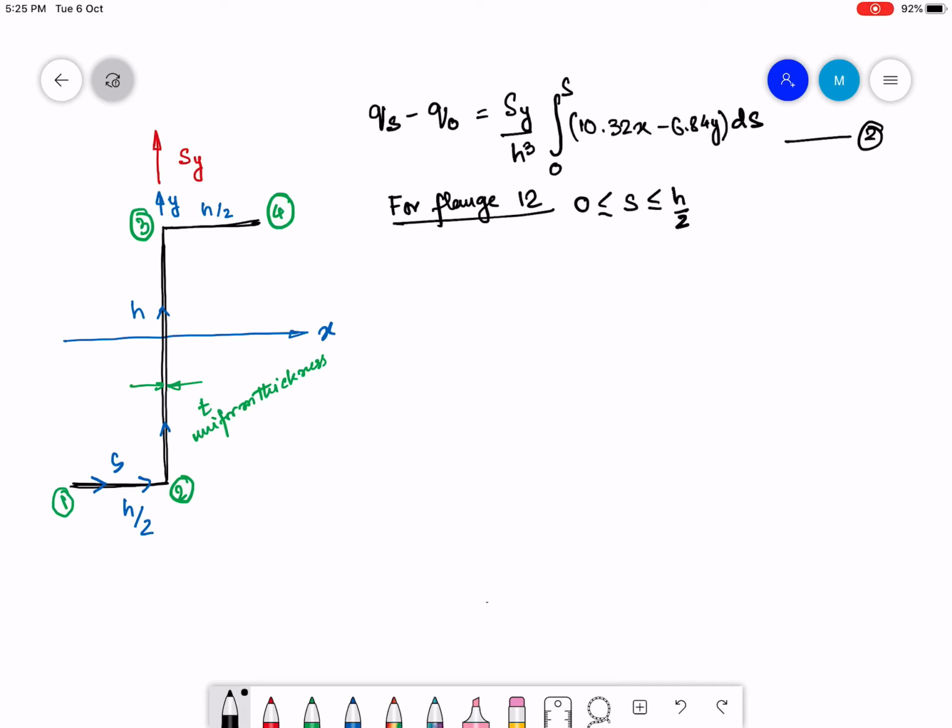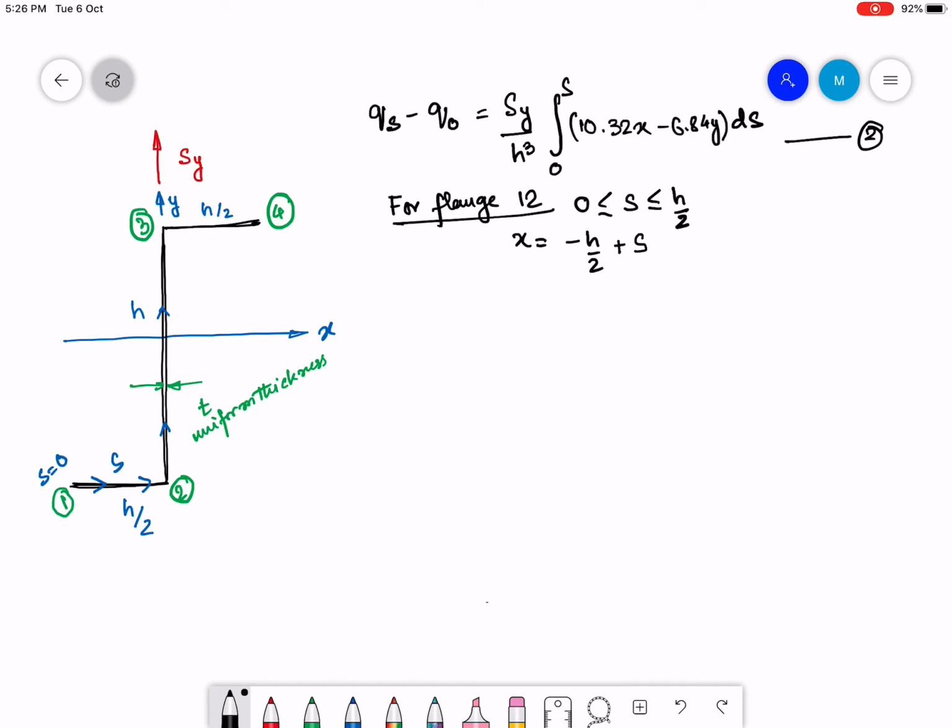But to evaluate the integral of equation 2, I need to express x and y in terms of s, because the integral is in s. If I take this point to be s equal to 0, then x in terms of s is minus h by 2 plus s.